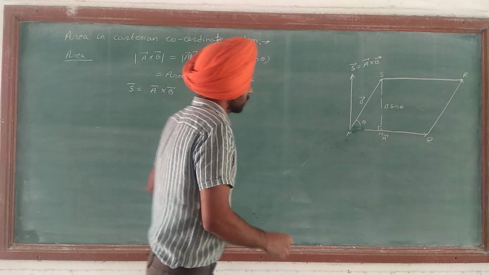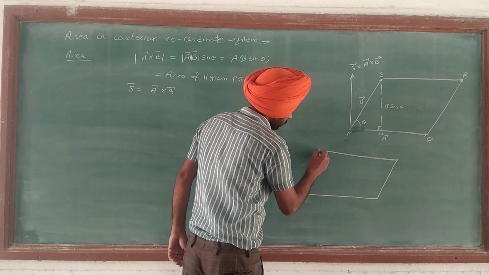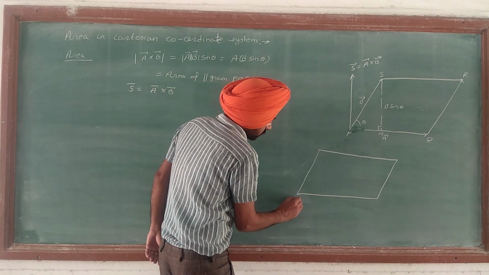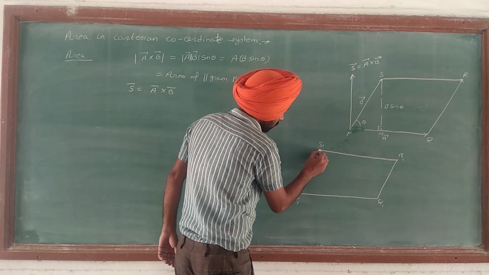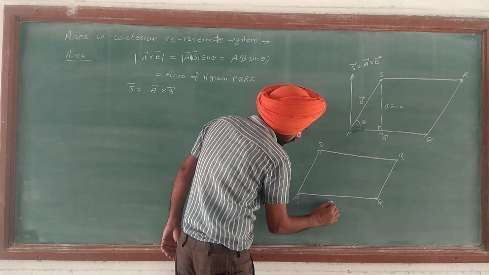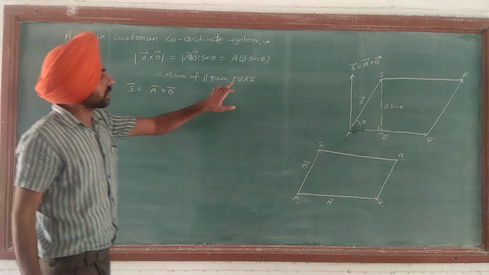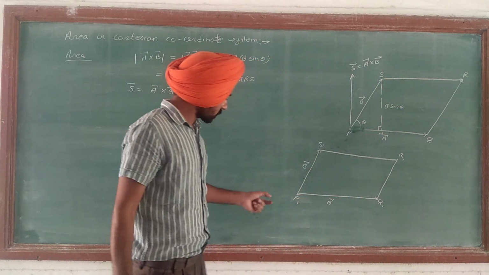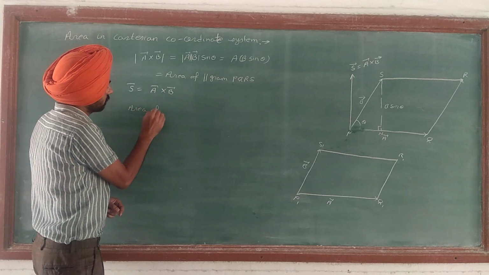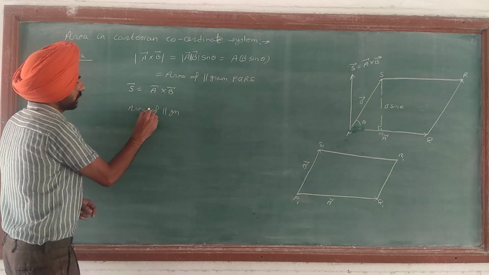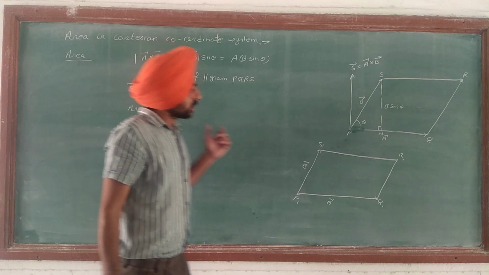Now let us see another parallelogram with P1, Q1, R1, S1, and suppose this is vector A and this is vector B, as in the area of parallelogram PQRS. Now I just want to find the area vector of this parallelogram. The magnitude will be the same, but I am just discussing the direction.